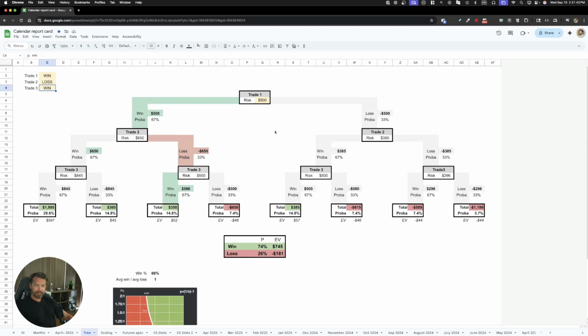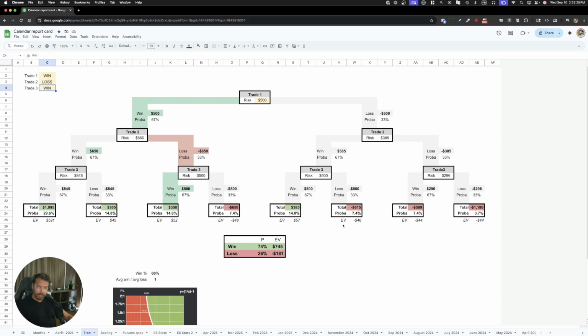By doing so, you are ensuring that you are scaling without going on tilt or going crazy. Because with the martingale strategy, for instance, every single time you double your risk, it doesn't work. It's proven. But then I ran a lot of simulations. What if you increase the risk 10%? What if you increase the risk 60%? And actually, the probability and the expected value are the best with the 30% number.